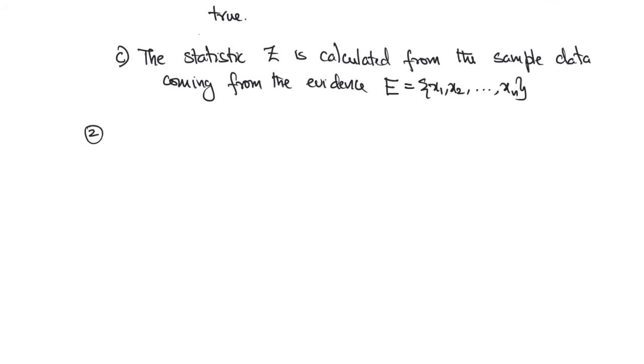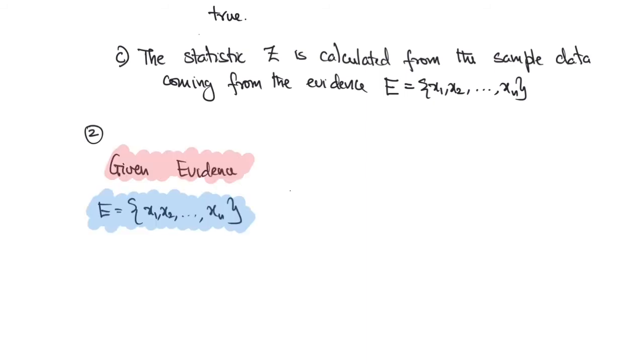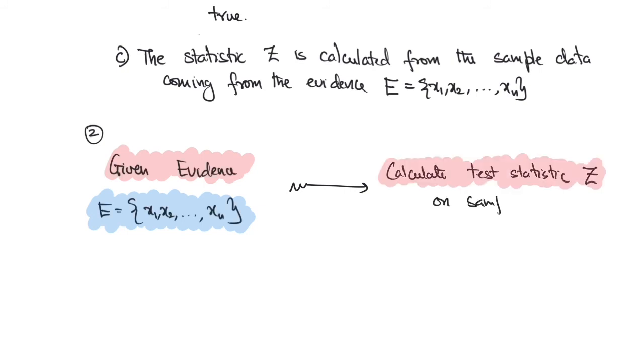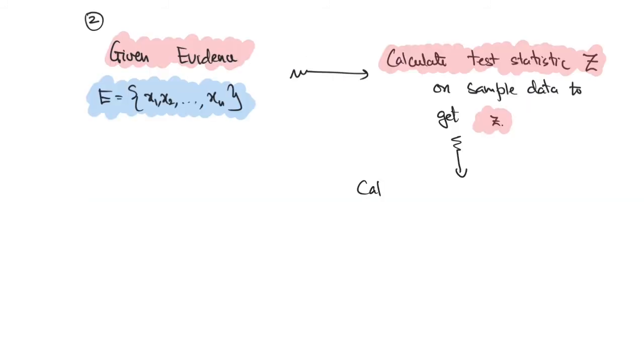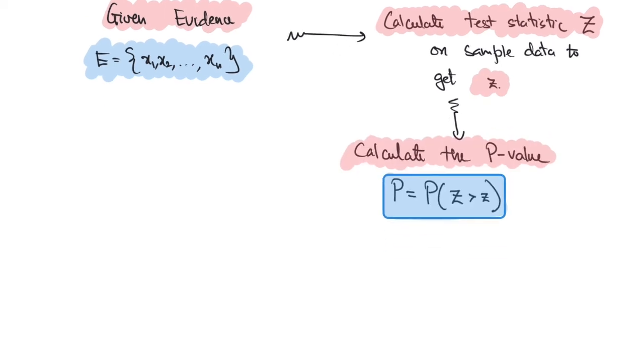In the next step, we will take the evidence E given by sample data x1, x2 up to xn, and we're going to calculate the test statistic on the sample data E to get small z. Assumptions on the test statistic provide us with a distribution to calculate the probability that capital Z is going to be greater than small z.